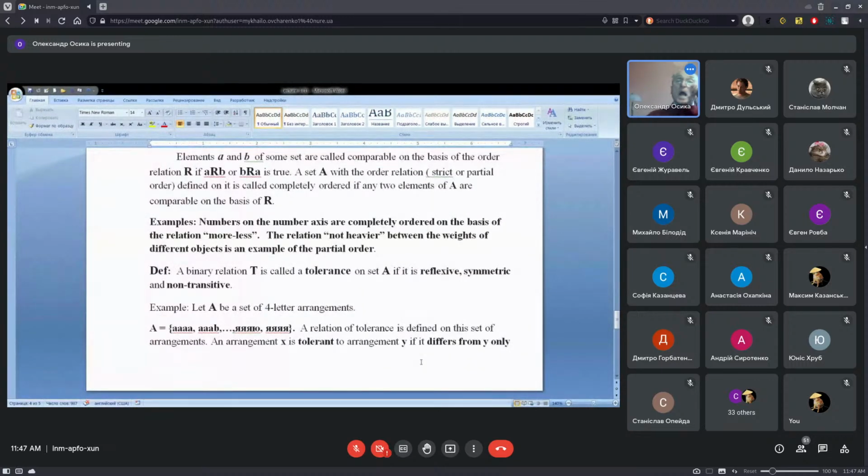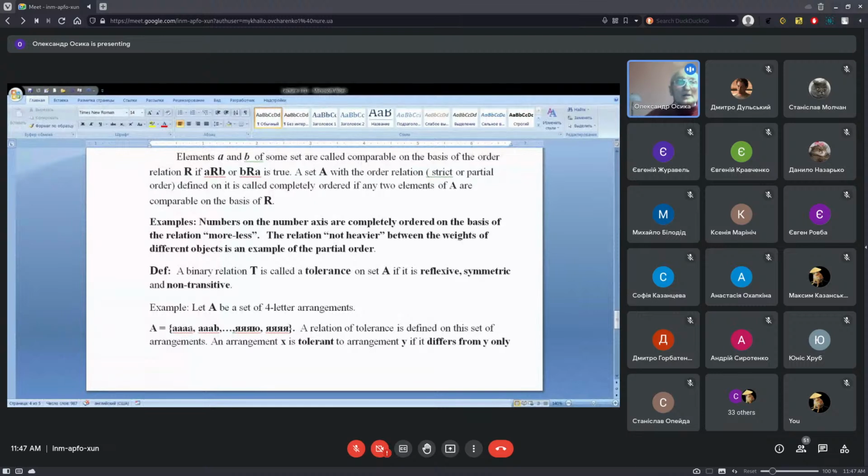Here, I give you an example. I think we discussed. Let A be a set of all 4-letter arrangements. An arrangement is an ordered sequence, a 4-letter ordered sequence, sequences like this.